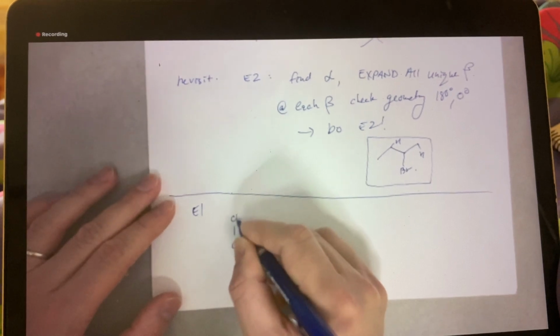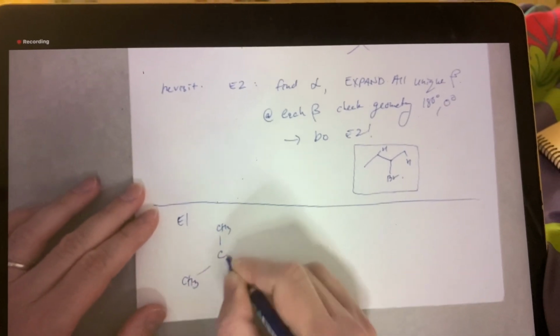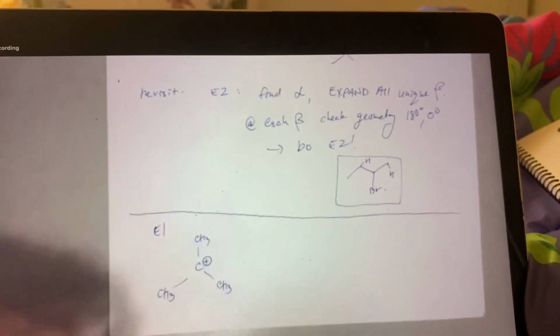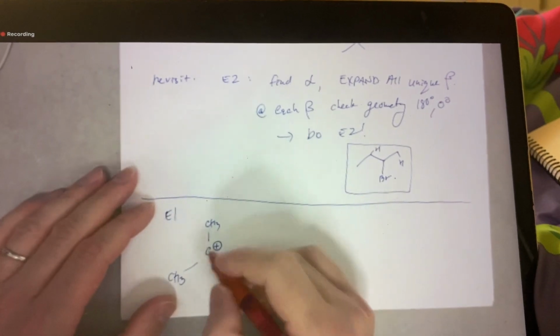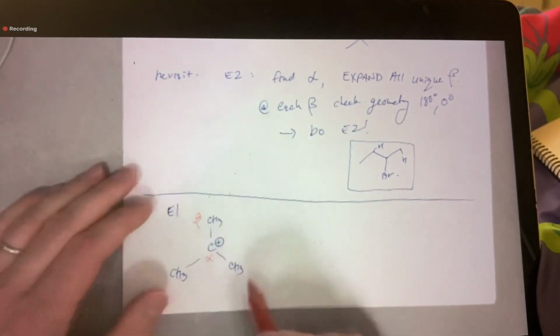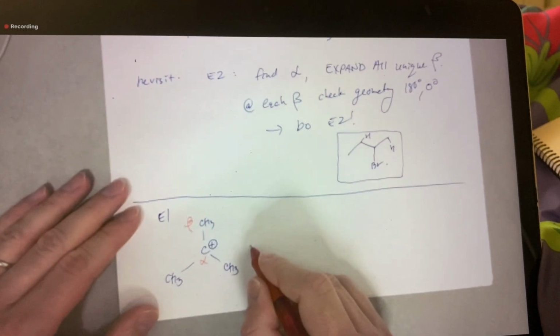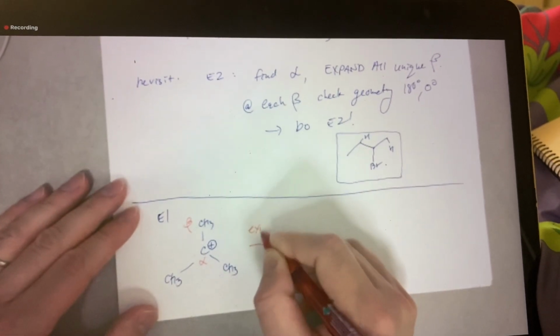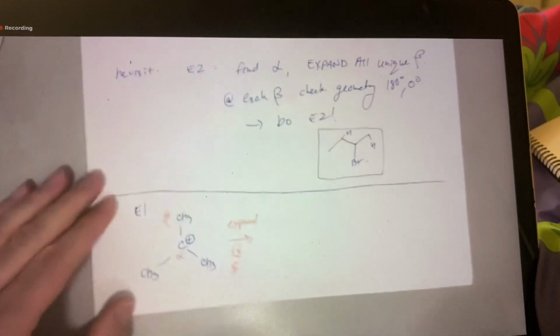I want to take this tertiary butyl carbocation, and I want to look at just one small detail about how the elimination reaction takes place at the beta position. So I'm going to call this alpha, call this beta. There's 3 beta positions, they're all identical. I'm going to expand at beta. We did this on the last page we were working on.